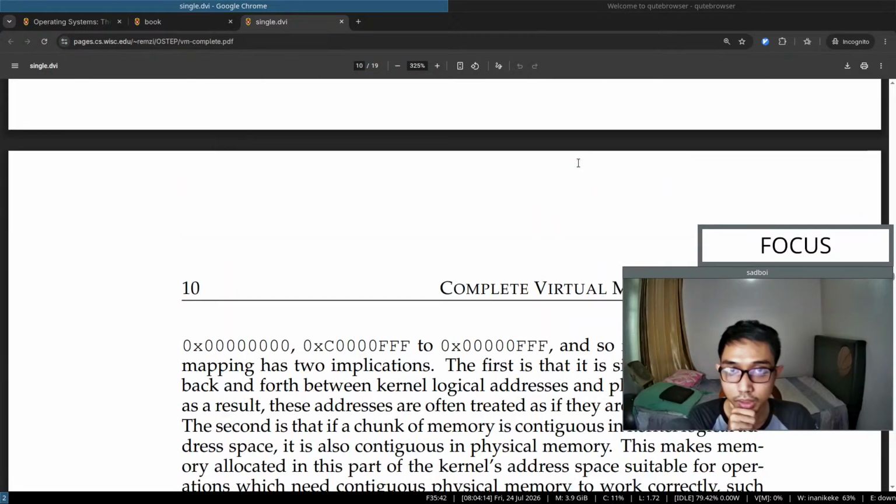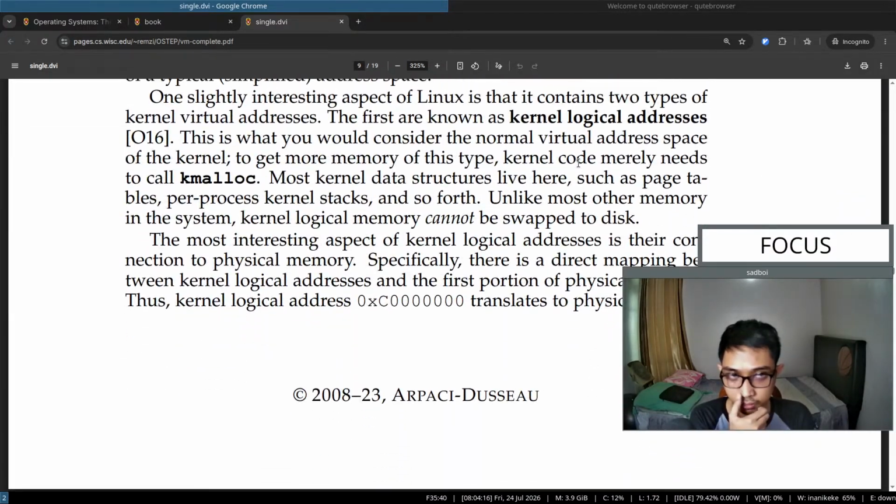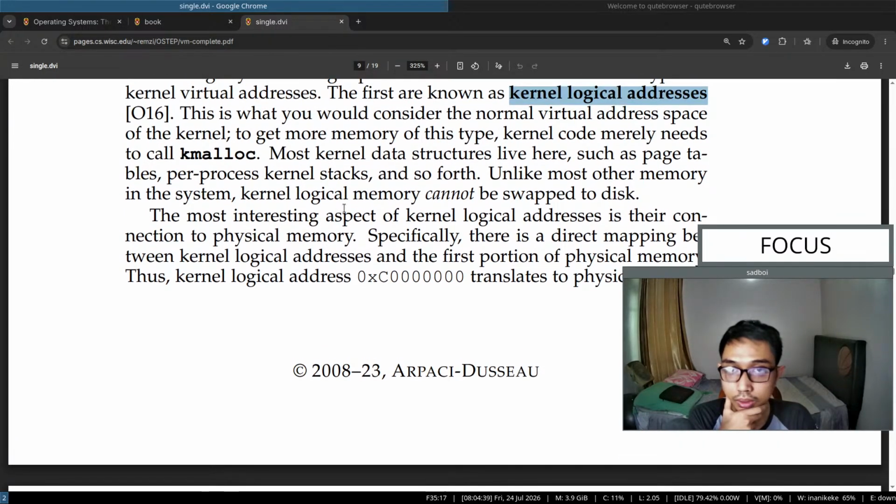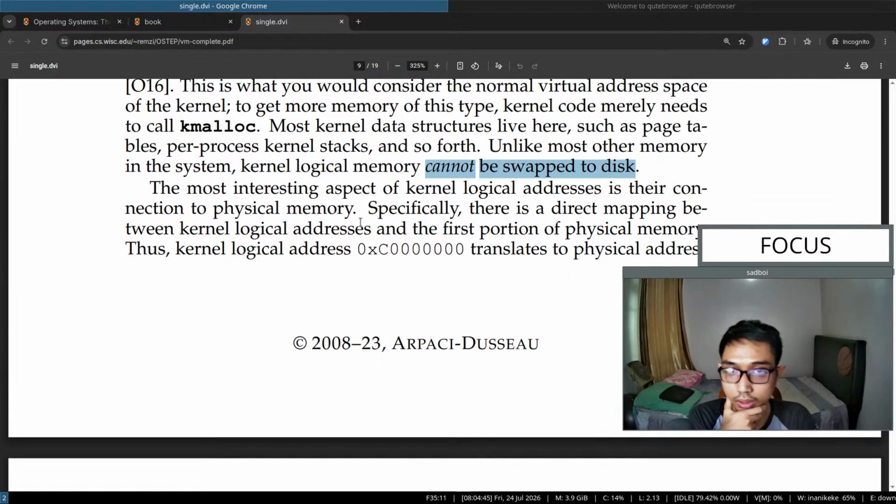That makes me curious. Is the kernel logical address allocated during the startup or the booting process? Yeah, I'm still not sure, and it cannot be swapped, apparently.